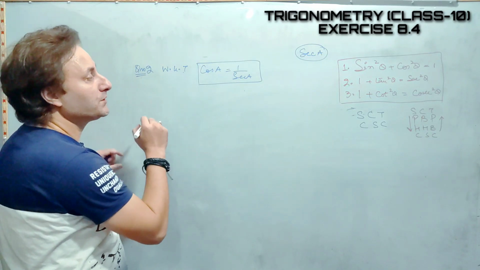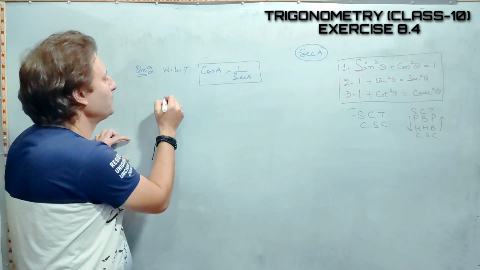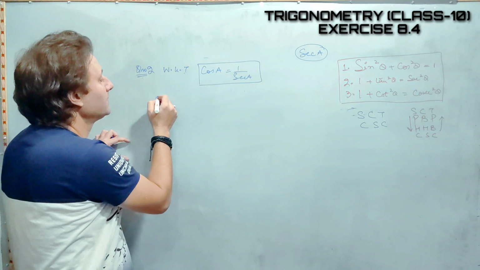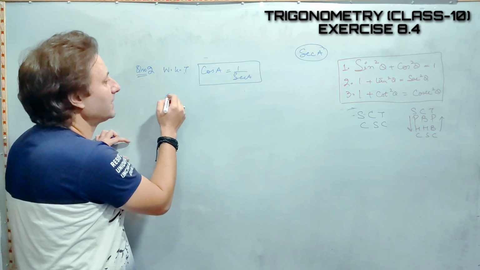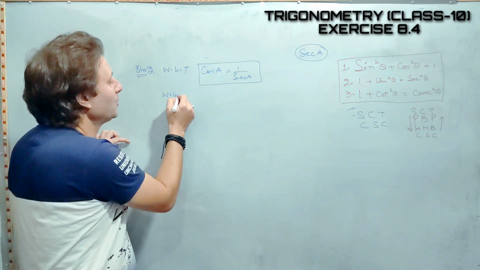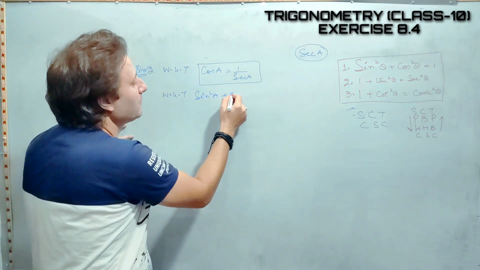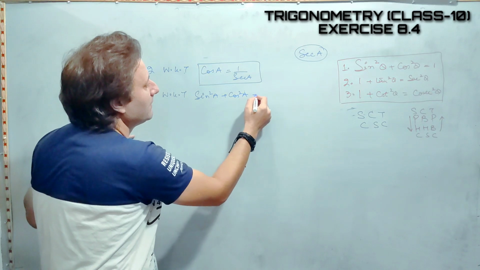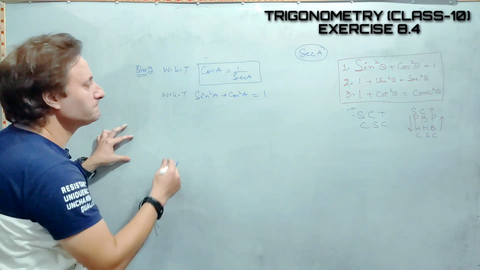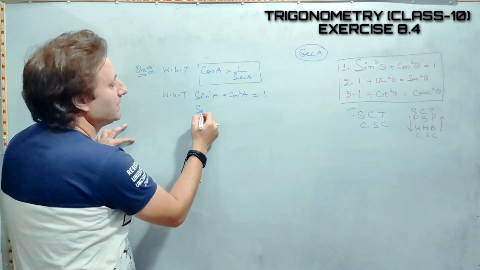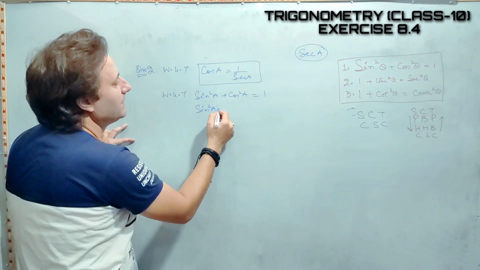Now we are done with cos. Now we will take one of these identities. So what is the first identity I have? We know that sine square A plus cos square A is equal to 1. Now I will keep sine square A as it is.